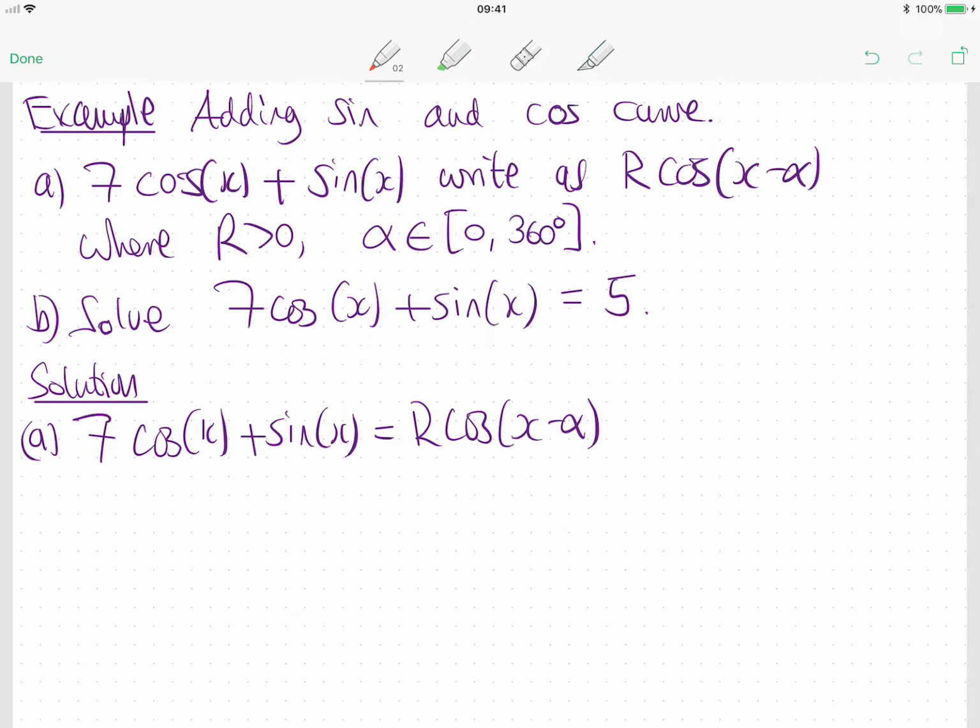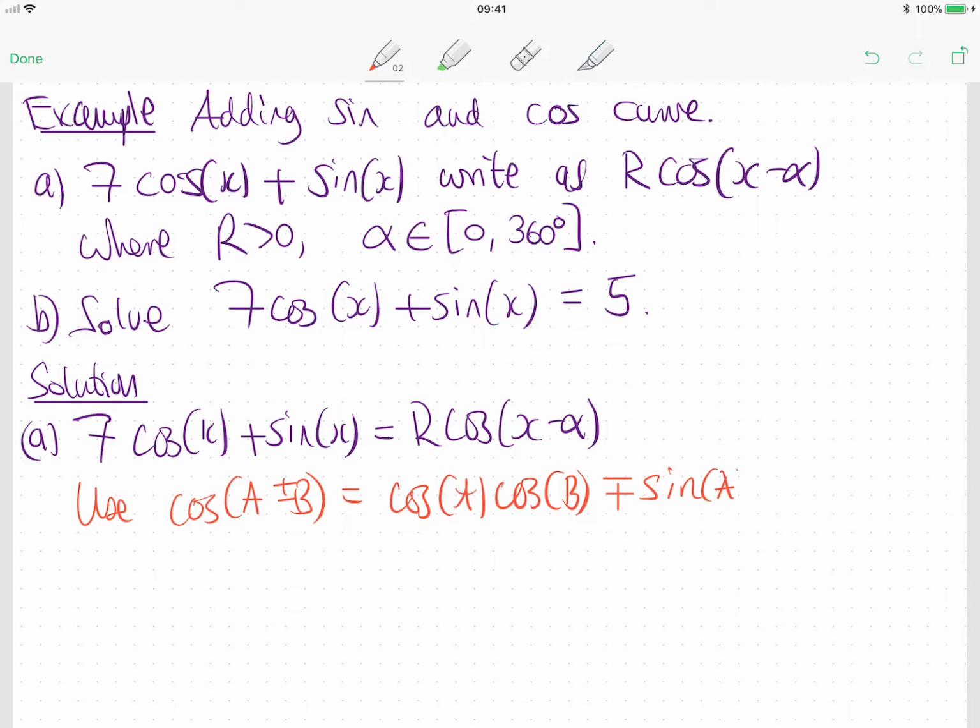What we're going to use in this case is the compound angle formula for cos, which says that cos(A plus or minus B) is cos A cos B. If we go across the top, we see the plus, we need to change that to a minus. If it's a minus, we change to a plus. And then sine A sine B.